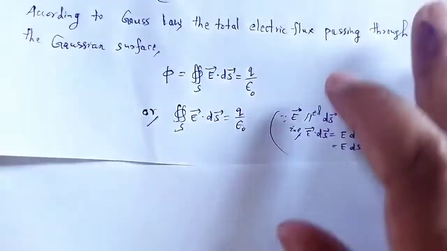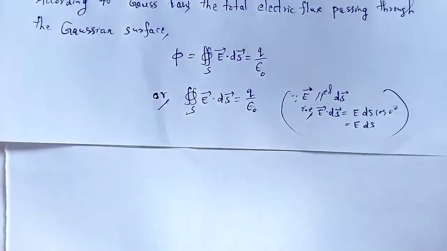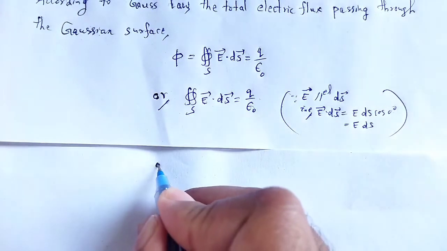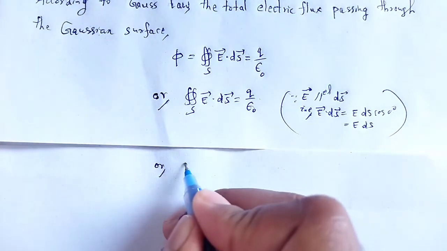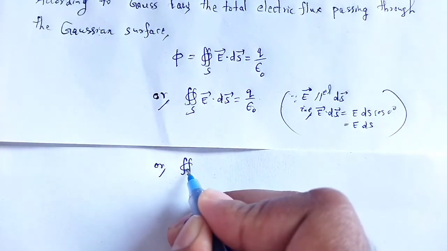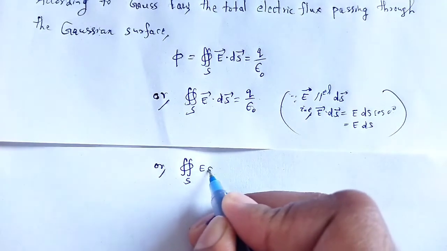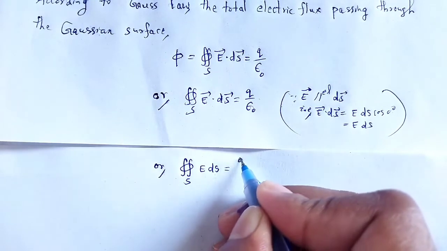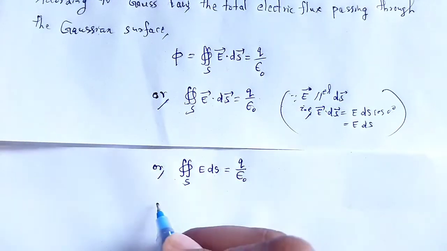So E, being constant, comes out of the integral, and integration over S of ds is equal to q divided by epsilon naught.